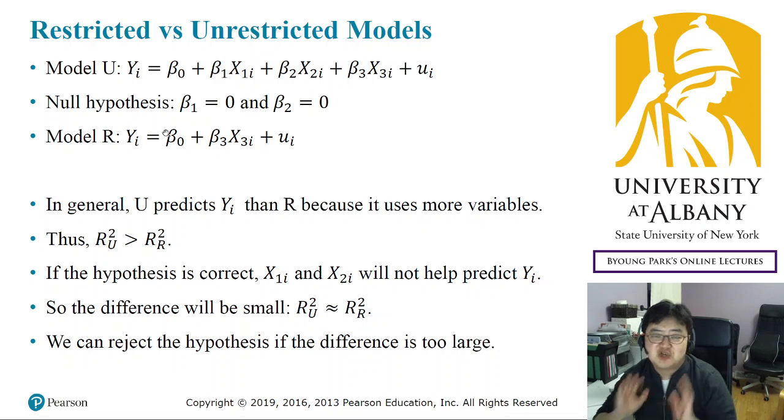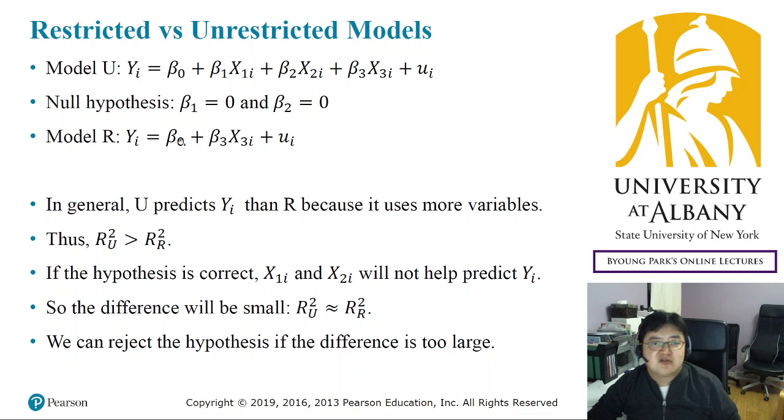And then, in general, think about the goodness of fit, how well the model predicts the outcome. In general, the unrestricted model must be better in predicting the outcome than the restricted model, because the unrestricted model utilizes more variables, more regressors. So adding more regressors does not do any harm, even if they don't do any good, but they don't harm.